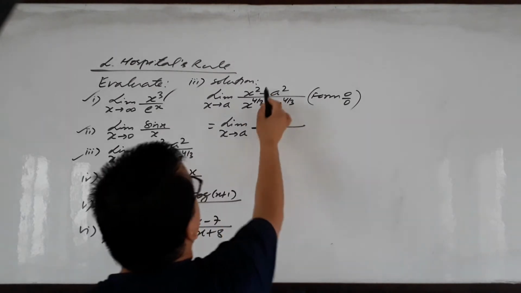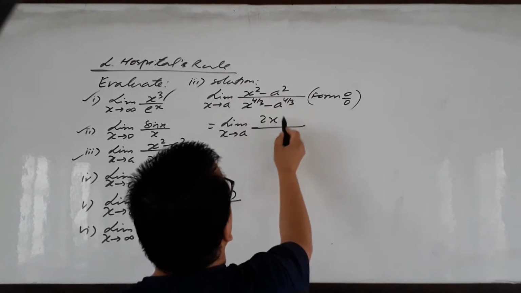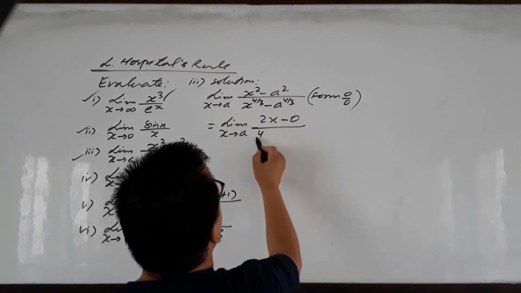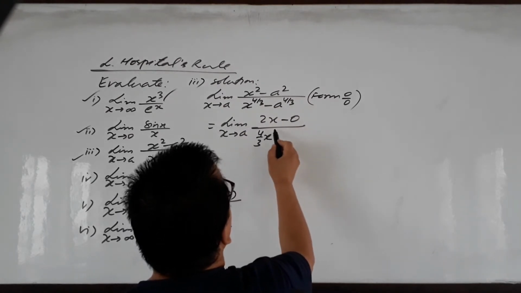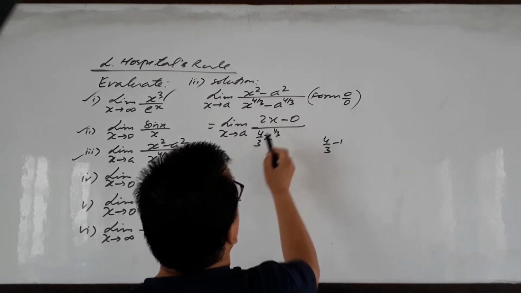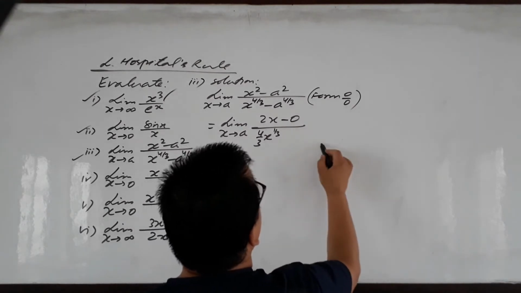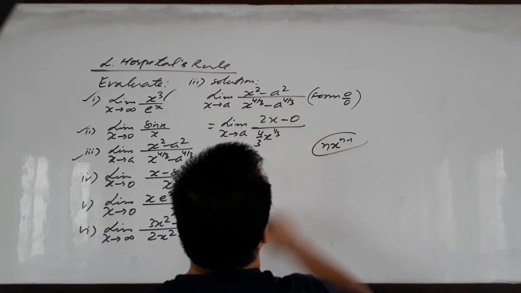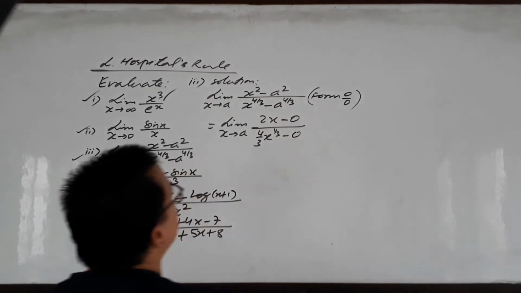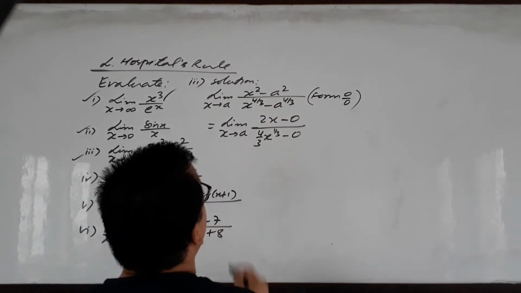Let's find out the derivative. The derivative of x^(4/3) uses the formula n x^(n-1), so it is 4/3 x^(4/3 minus 1), which means x^(1/3). And this one is a constant, so the derivative of a^(4/3) is 0.